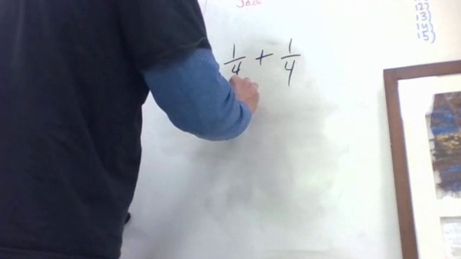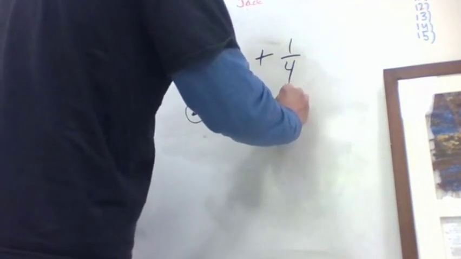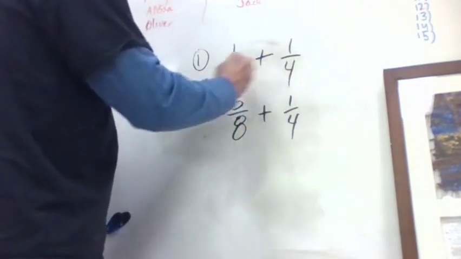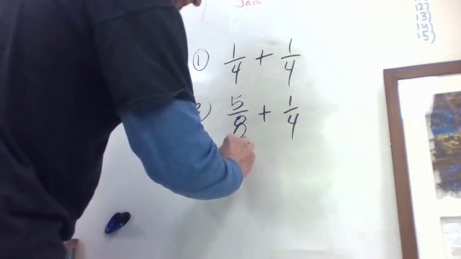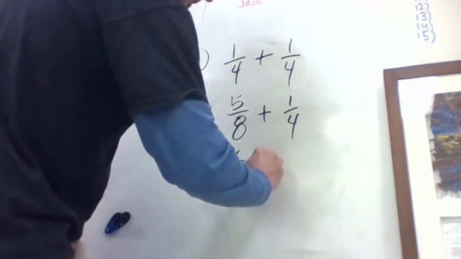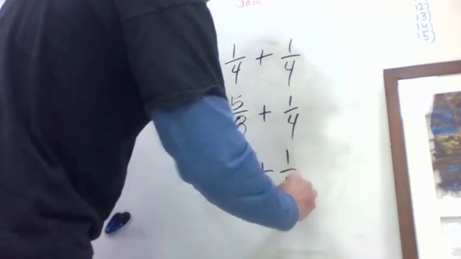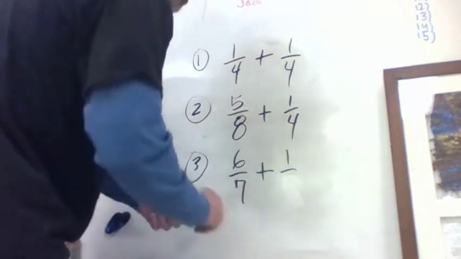And then you're going to do 5/8 plus 1/4. Okay, apples and oranges. And now we're going to go 6/7 plus 1/3. This is fruit.